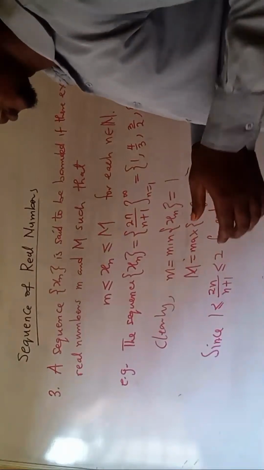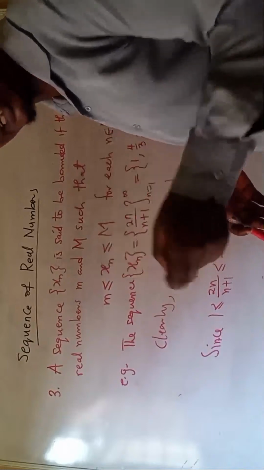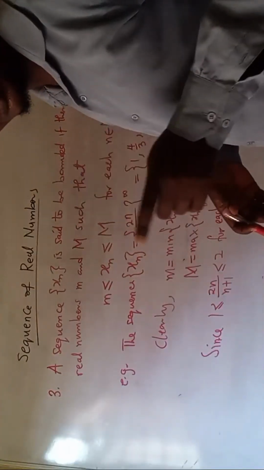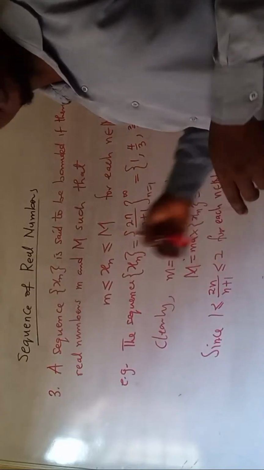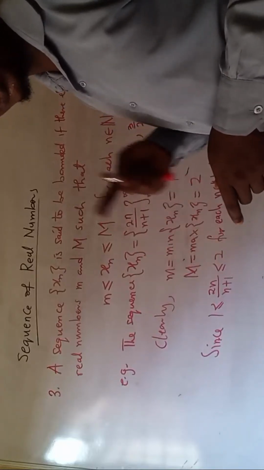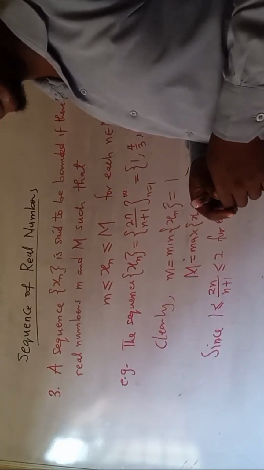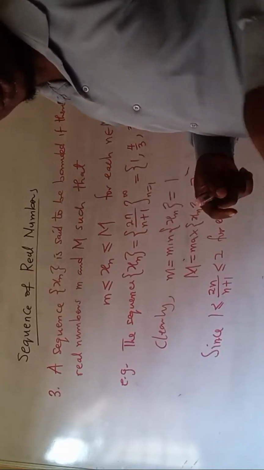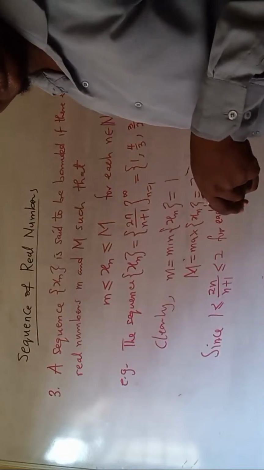It is worthy to note that if a sequence is only bounded below, that sequence is not a bounded sequence. If a sequence is only bounded above, that sequence is not a bounded sequence. I repeat, if a sequence is only bounded below, such a sequence is not bounded.